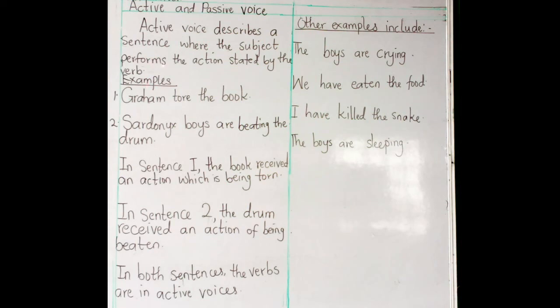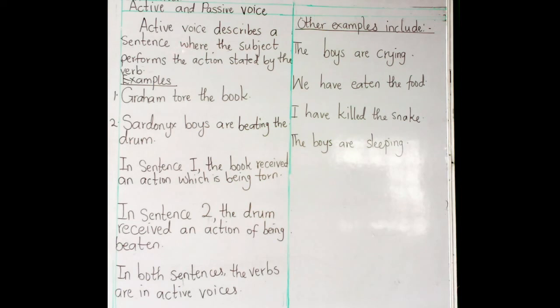Then we have the verb, that's the action. Remember, we have also learned that no sentence is correct without a verb. A sentence is that which contains a verb, not necessarily an object, but there must be a verb, and mostly an active verb. Then we have the object. That's the last part of the sentence.